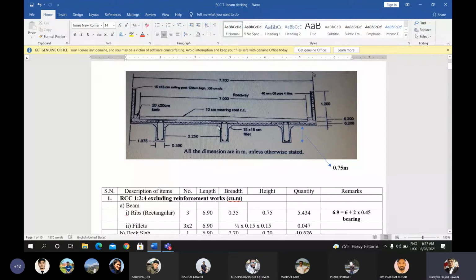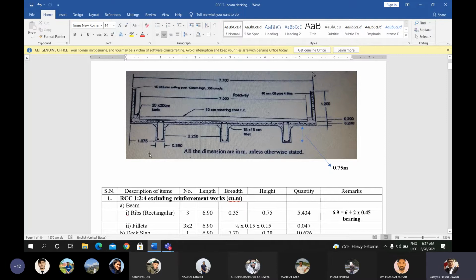Along the cross-sectional direction, you can calculate the total perimeter of the plaster up to here. From this point, the slab thickness is 20 centimeter. You move here, up here, down here, and again below the beam, again up the beam, inclined portion of the fillet, again horizontal portion, inclined portion, vertical portion, horizontal, vertical, horizontal.